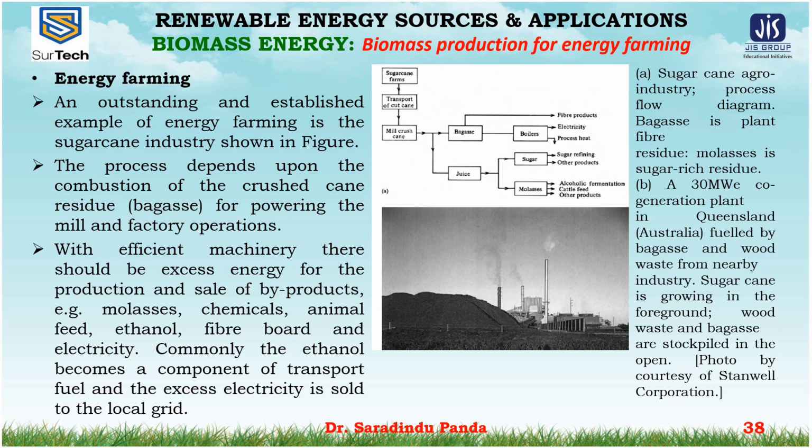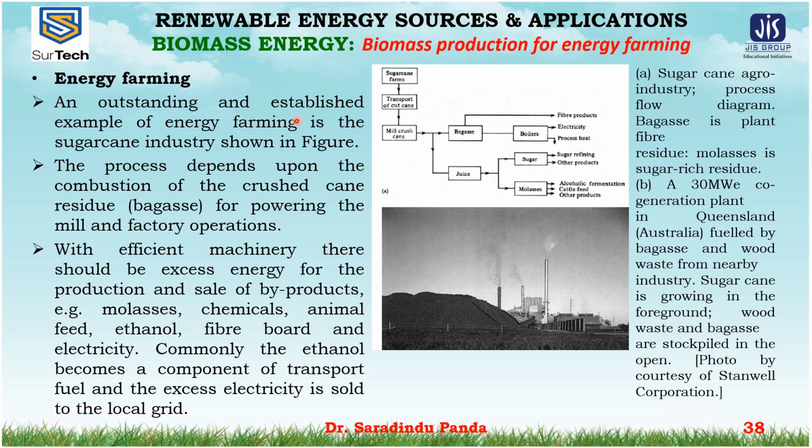With the efficient machinery, there should be excess energy for the production and sale of the byproducts, for example molasses, chemicals, animal feed, ethanol, fiberboard, and electricity. Commonly, the ethanol becomes a component of the transport fuel, and the excess electricity is sold to the local grid.